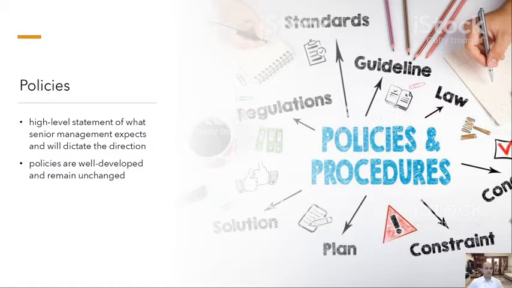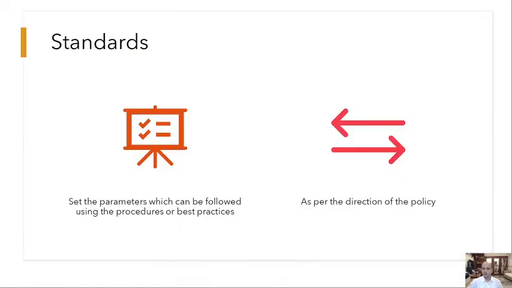Normally it is well developed and remains unchanged until there is a major change. There is no need for very frequent changes in policy, right? So that's what policy is. Then comes the standard. I already told you that standards set the parameters which can be followed using procedures or best practices.